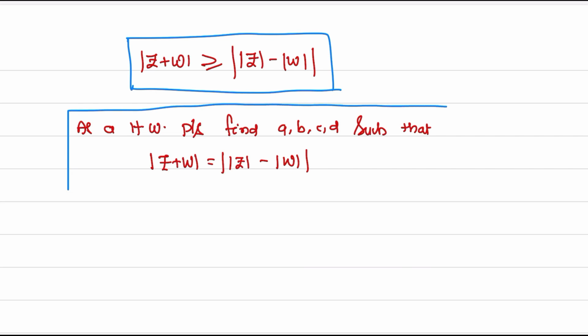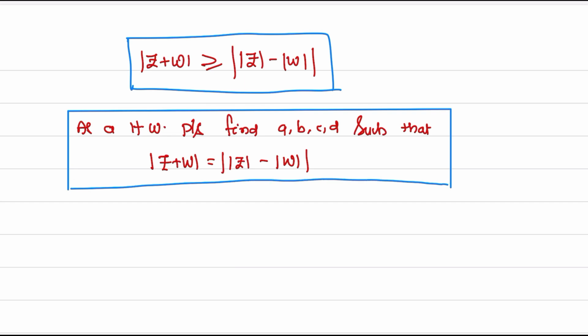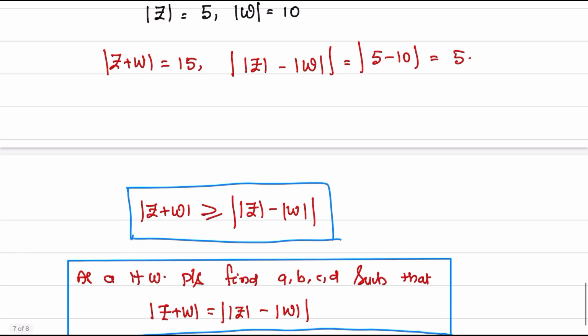When you do it on your own, you learn more. And I have proved modulus of Z plus W is greater than absolute value of modulus of Z minus modulus of W.